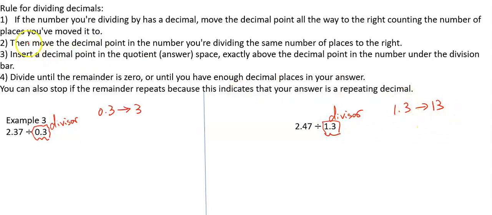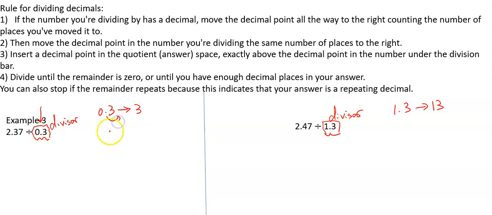So the first step is to move the decimal points in both numbers. In multiplication, we ignore the decimal points, but for division, we don't really ignore them, we move them. We do this in both numbers, but the focus is 0.3. How many times do I have to move the decimal point in order to get a whole number 3?